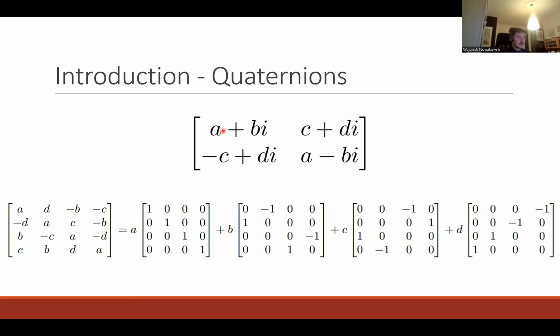We use the 2x2 matrix with complex values, but there are also around 48 quite similar variants of these 4x4 matrices.